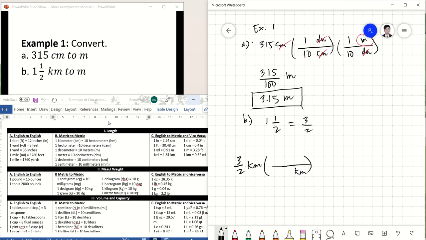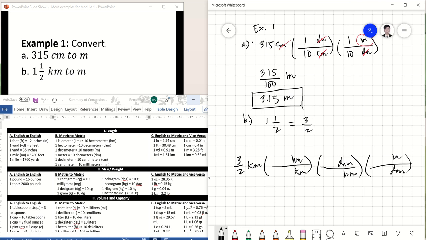So kilometer and meter is here. We have to pass through hectometer. And then hectometer should be converted into decameter, and then decameter to meter.